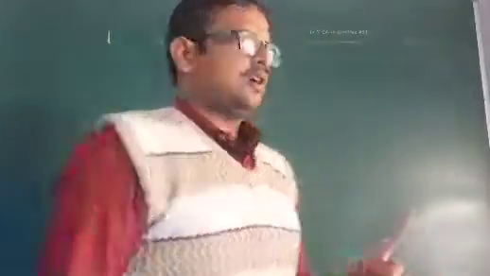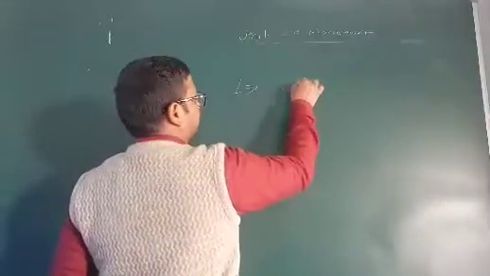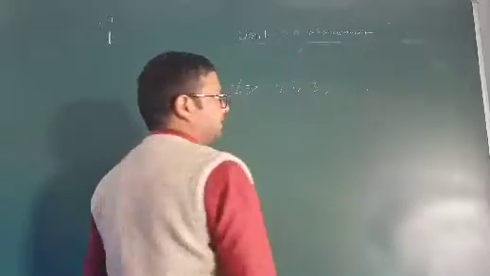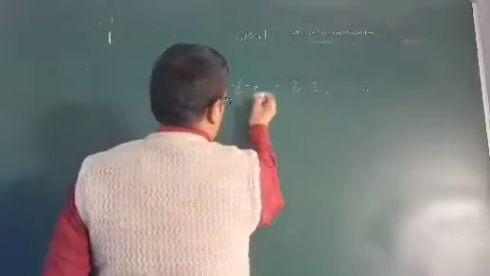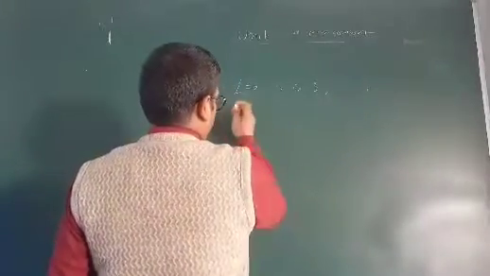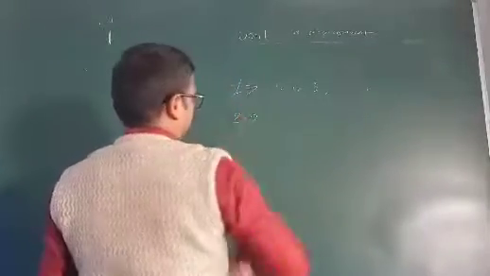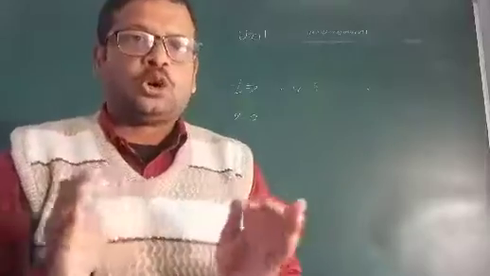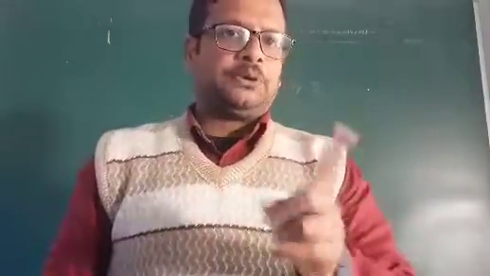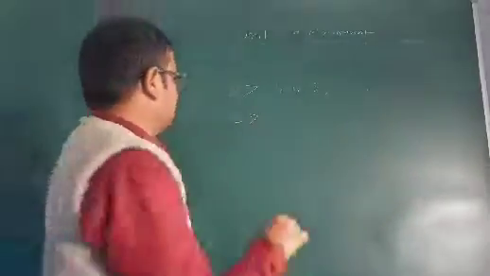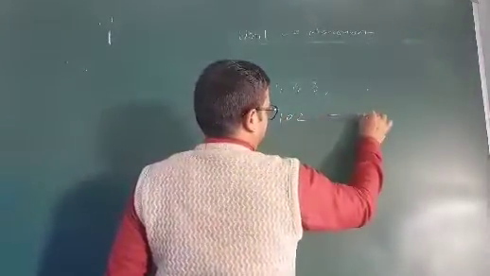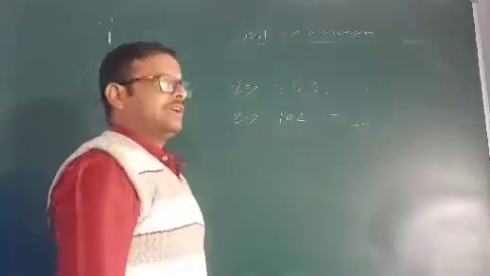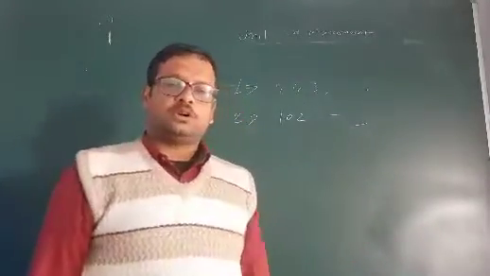First law: all non-zero digits are significant. Second law: zero in between two non-zero digits is significant. That means 1, 0, 2 has three significant figures. Zero in between two non-zero digits.